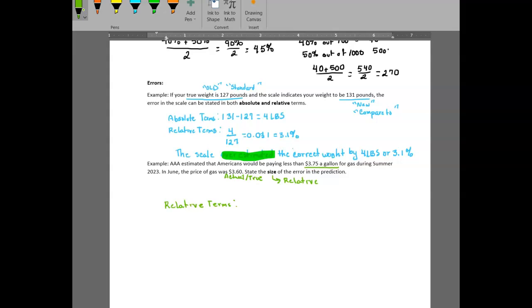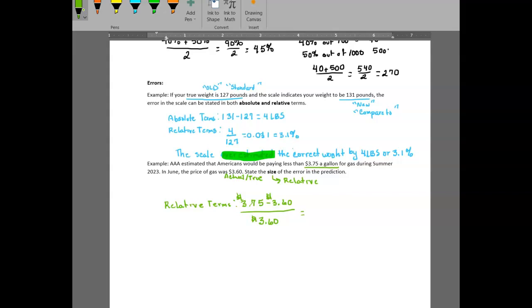Okay, so looking at what we did up here, we know that the true weight is kind of the old weight or the standard weight. So we're going to take $3.75 minus our correct amount, and we're going to divide that by $3.60. And so we know that it was off.